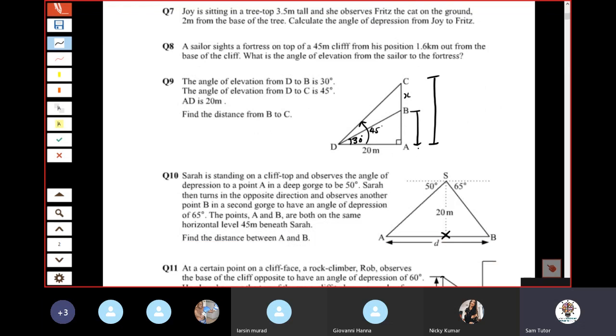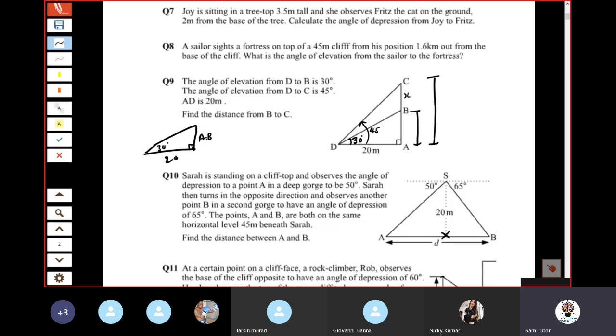All right, back to this question. So imagine I wanted to find AB. I'll zoom it in so we can only focus on the one bit. There it is. That's 30 degrees. That's 20, and that's AB.